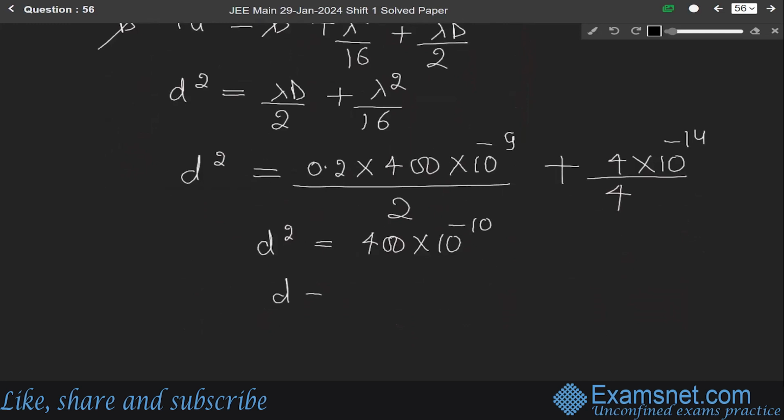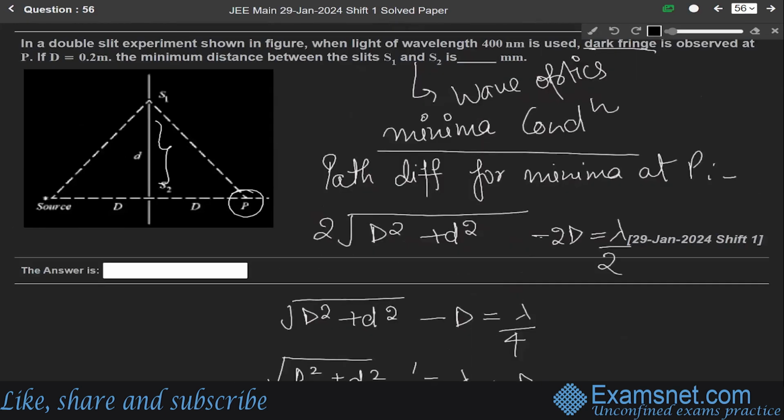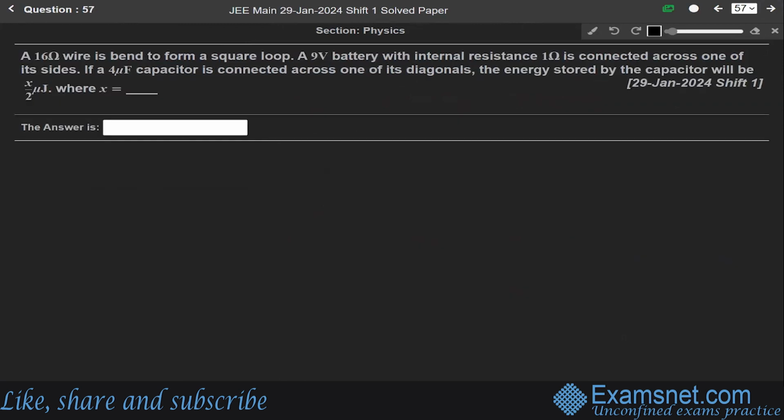So d will be equal to 20 into 10 to the power minus 5, which means d is 0.20 millimeter. So our answer is that the distance between the slits S1 and S2 is 0.20 millimeter.